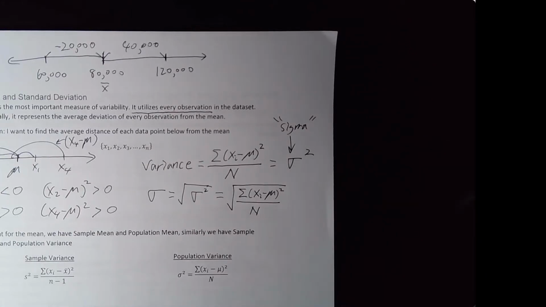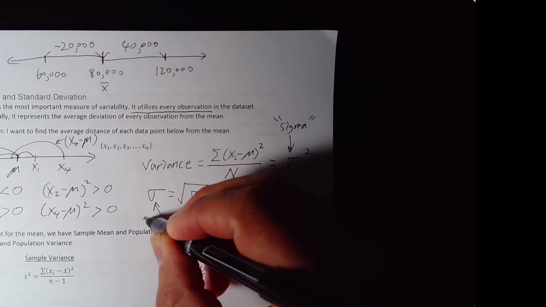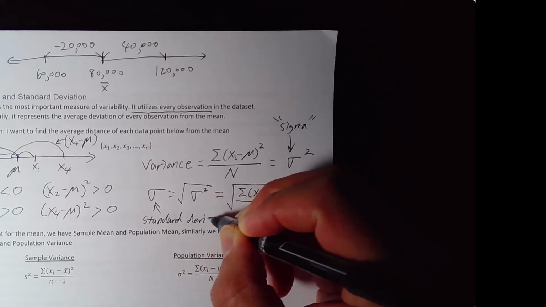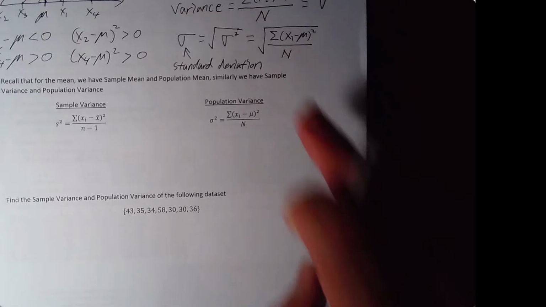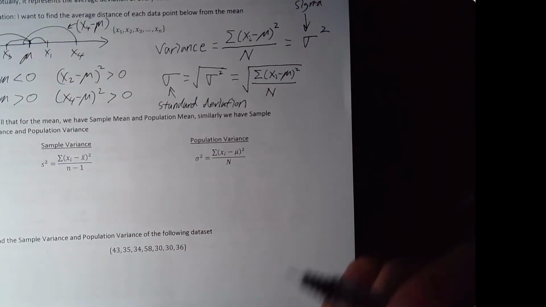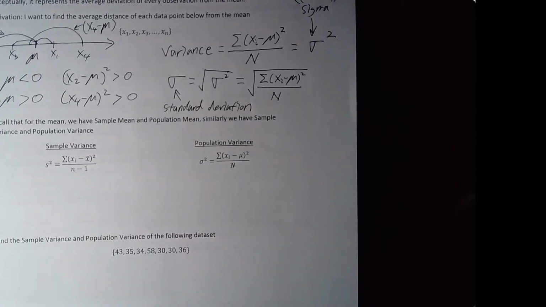That is the origin of sigma, which we will call standard deviation. That's the definition of standard deviation. I just told you this is the true story of how statisticians come up with the definition of the standard deviation. The whole goal is to find the average distance of each data point from the mean.